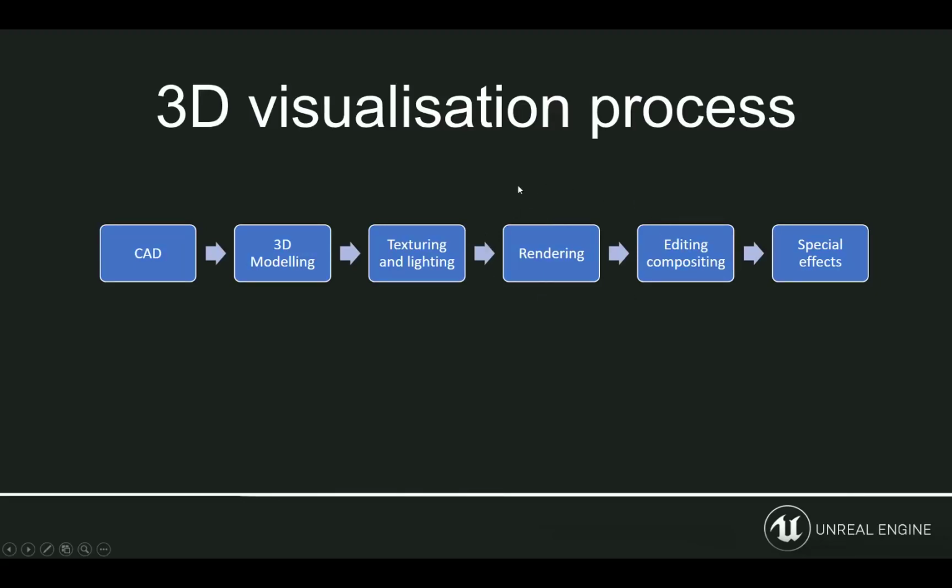For example, the rendering happens in real time once the lighting is baked, of course, and the compositing can also begin to happen in Unreal Engine now, and the special effects are definitely in there.